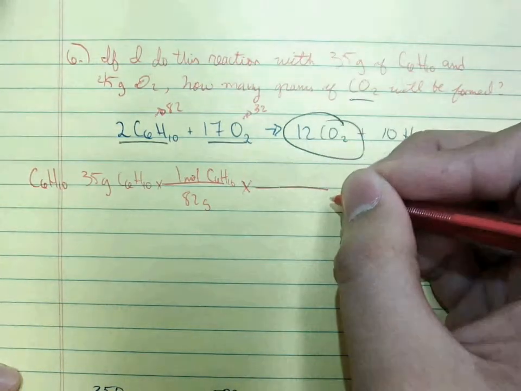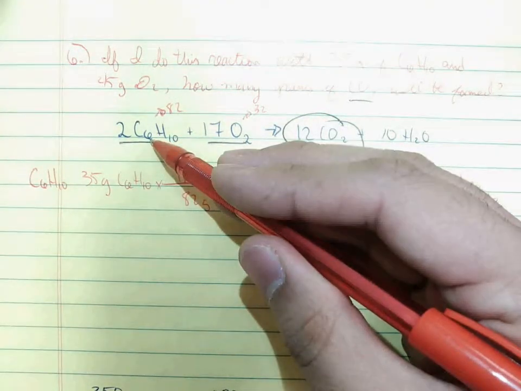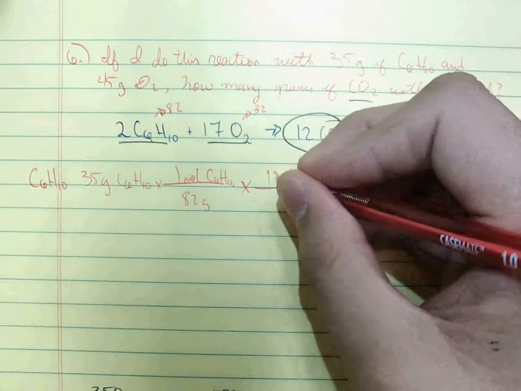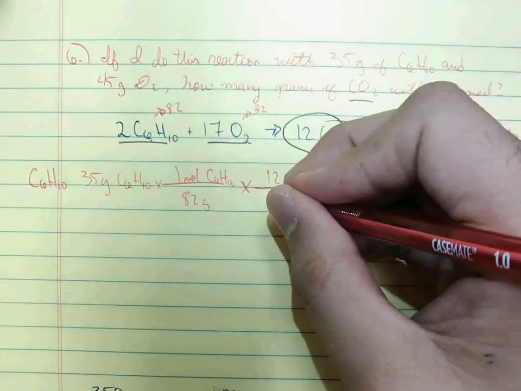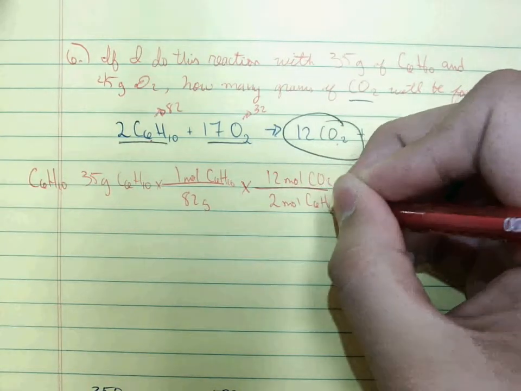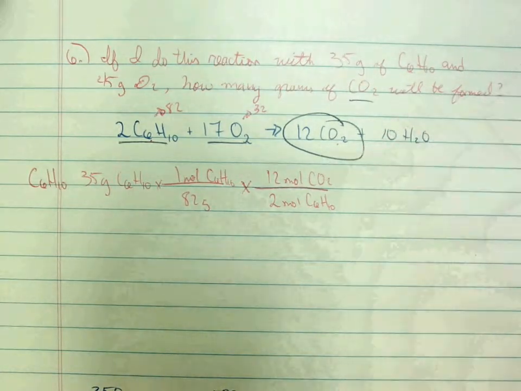Then it tells me to use my ratio. Well, my ratio says that for every 2 moles of C6H10, I can make how many moles of CO2? I can make 12. So 12 moles of CO2 can be made for every 2 moles of C6H10. Remember, the coefficient here is your mole. So if you keep that in mind, it'll really help you out.